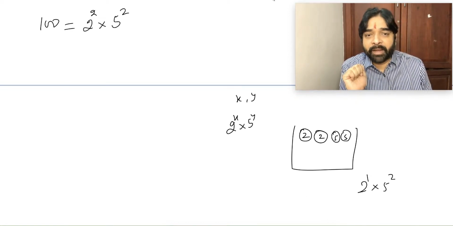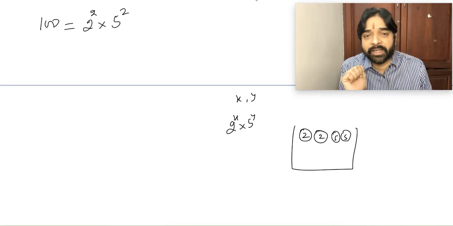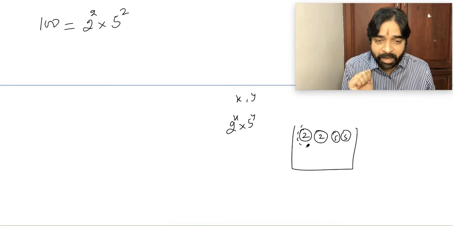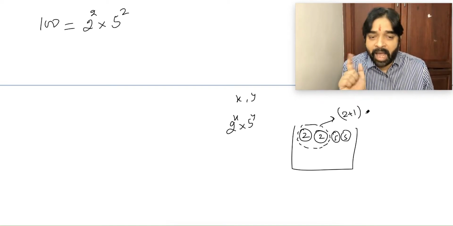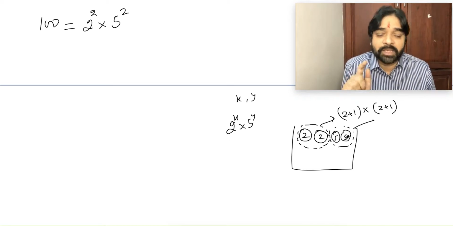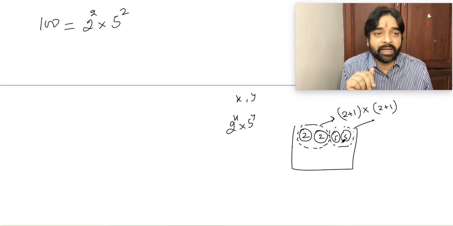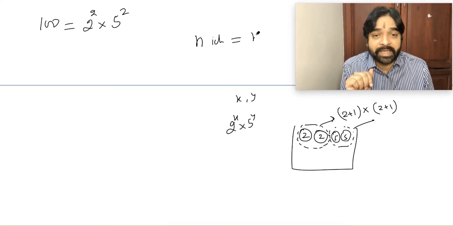So any number of selection we have to do. In how many ways can I do any number of selection from this container? Any number of selection from this will be 2 plus 1, and any number of selection from this will again be 2 plus 1. Why 2 plus 1? Because they are identical objects. Any number of selection from n identical is always n plus 1.